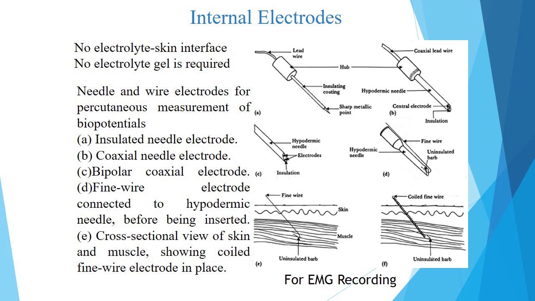The second type is depth and needle electrodes. These are used to measure the bioelectric potential of highly localized extracellular regions in the brain, or bioelectric potentials from a specific group of muscles. These are also called internal electrodes. These internal electrodes are used with wire for the measurement of biopotentials in the inner part of the region.